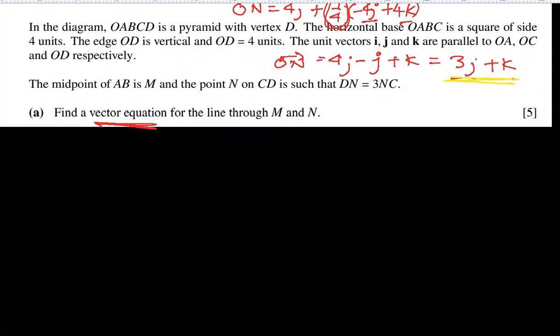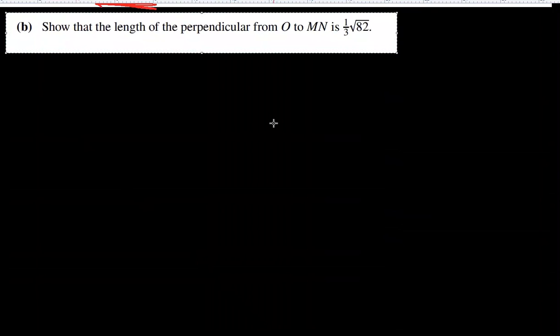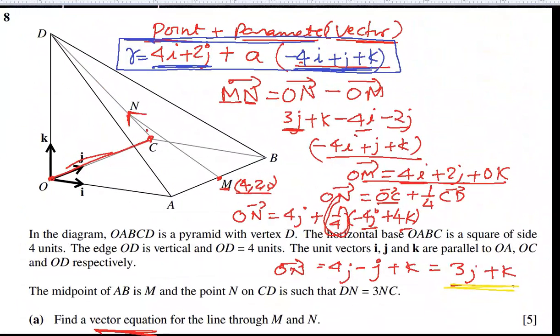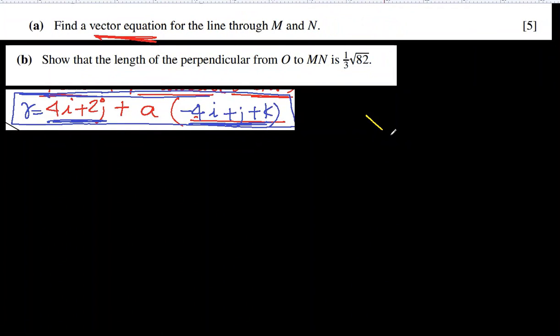There is another part to it, and which is this. Show that the length of the perpendicular from O to MN is this. So let's go back to our drawing. It will be very complicated here, so let me draw it there only, and we'll need this equation. If this is the line MN and this is the perpendicular from origin to this line.